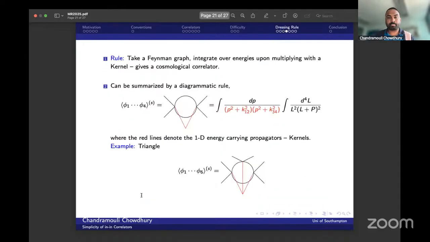Anyway, good. Just to summarize, the conclusion is that if you want to obtain an NN correlator in de Sitter, you take your standard Feynman diagram that you would draw, which is, let's say, of this kind, and then you attach two propagators to the end. In this case, the propagators were super simple. It's just an expression of this kind.